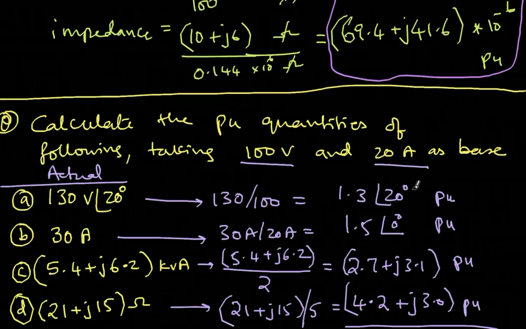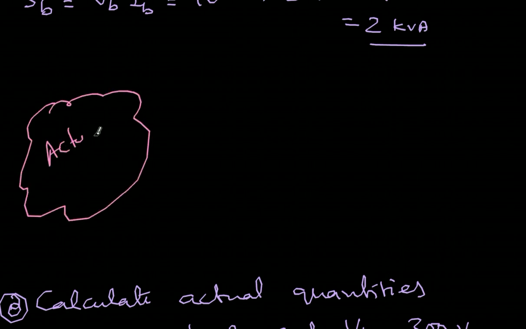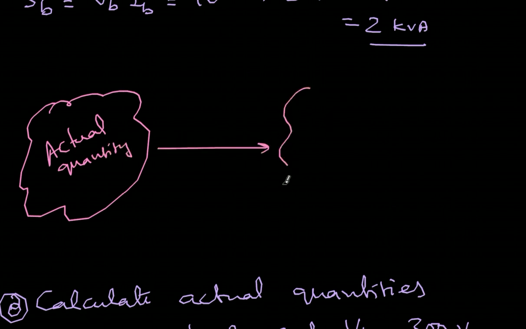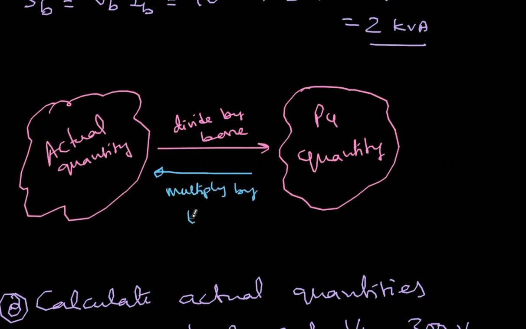So far what we have learned, let me summarize in the form of a small picture. You have actual quantity, and then you can go into per unit quantity. For this you need to divide by base quantity, and if you want to go reverse, from per unit to actual, you multiply by base quantity.